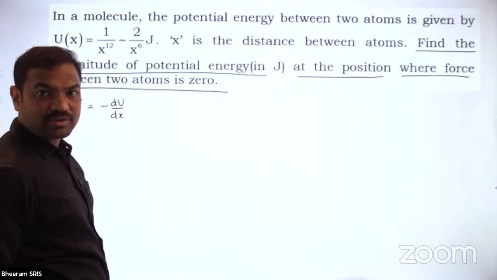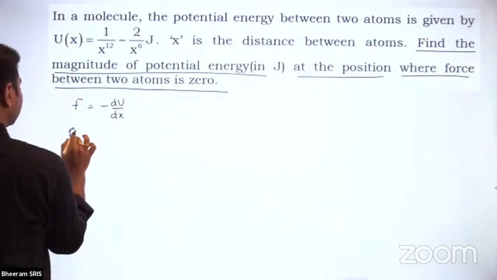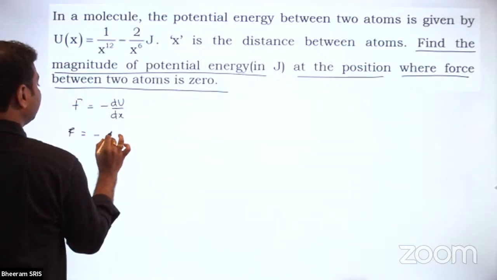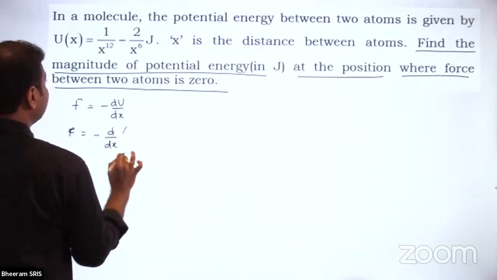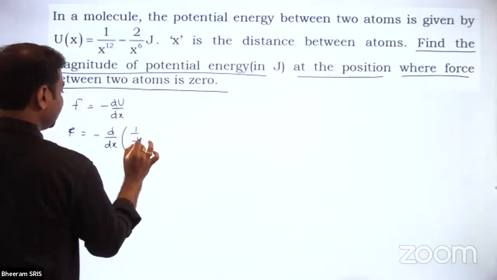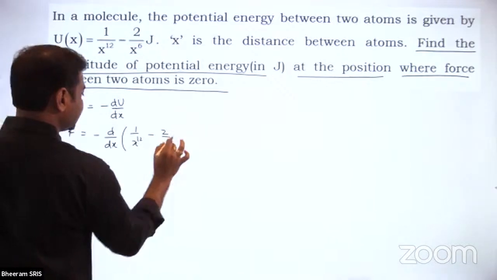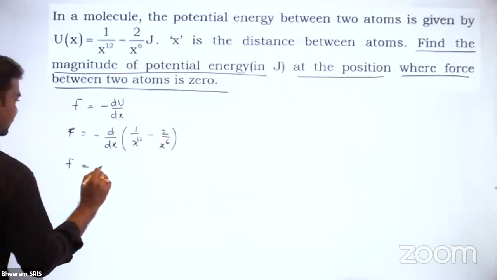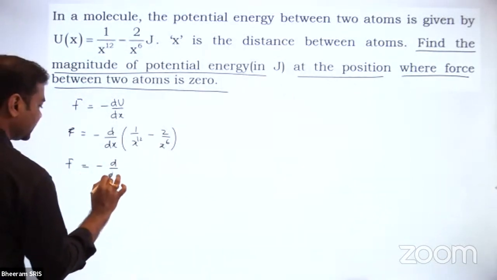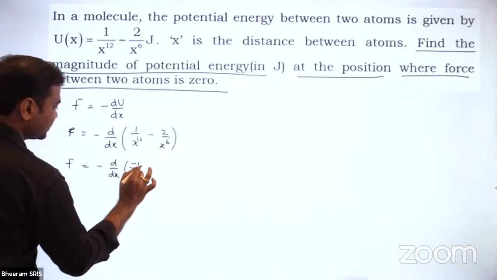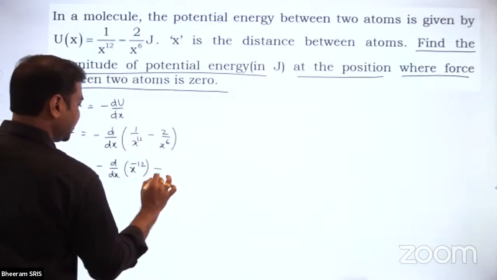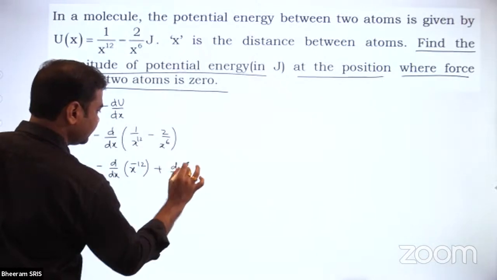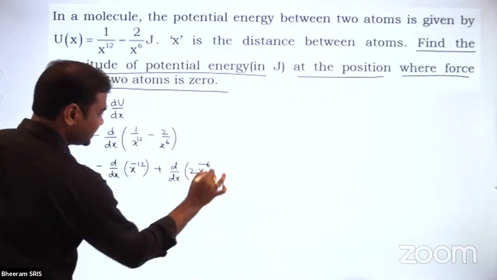Potential energy function is given, force they are asking. Then force is equal to minus of d by dx of the u value. What is the u value? 1 by x raised to 12 minus 2 by x raised to 6. So F is equal to minus of d by dx of, the first term I can write as x raised to minus 12, minus 2 into x raised to minus 6.